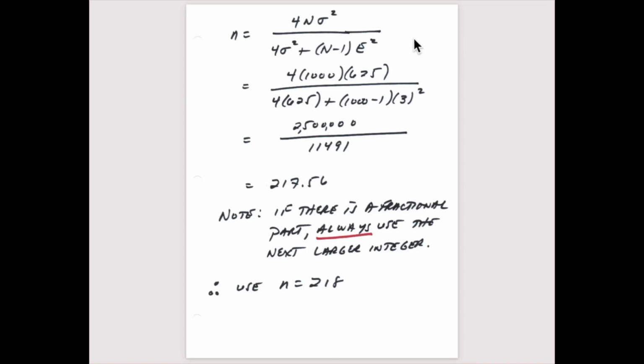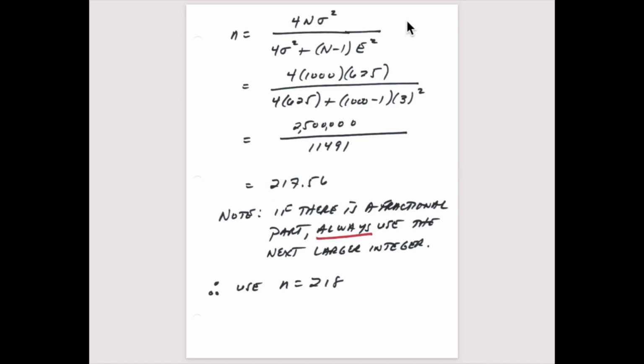And so you can see here that we're plugging in 625 as an approximation to the population variance. We know the value of capital N, we know the value of capital E, which is the desired margin of error. And so when we go through the calculation, we get a value of 217.56.